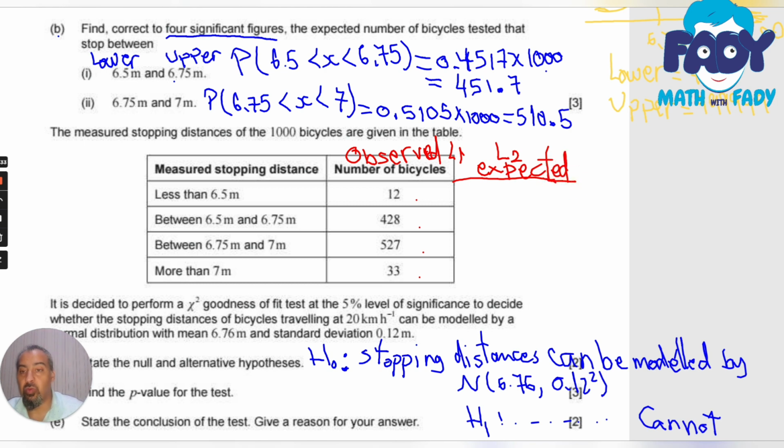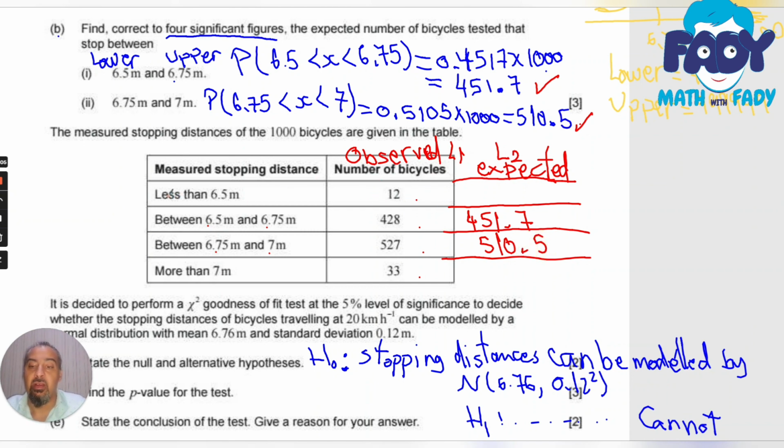We already calculated the expected between 6.5 and 6.75. This was 451.7. This is what we calculated here. And between 6.75 and 7, we already calculated the expected number of bicycles. It was 510.5.